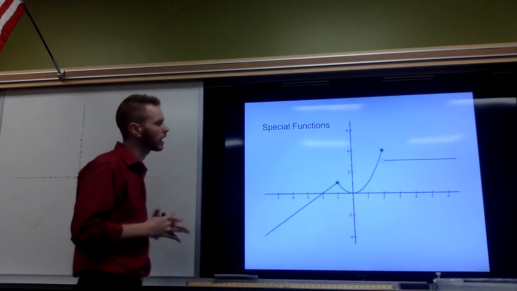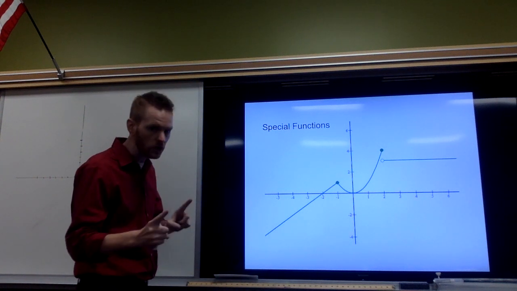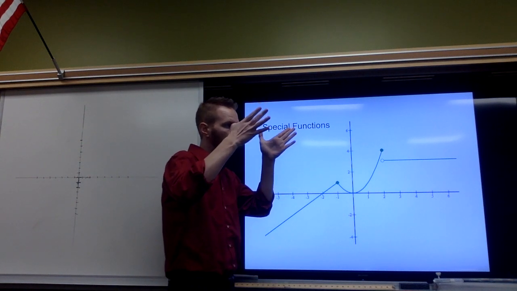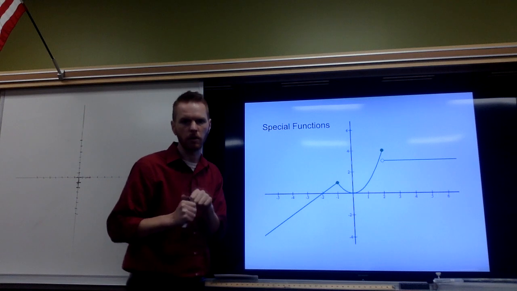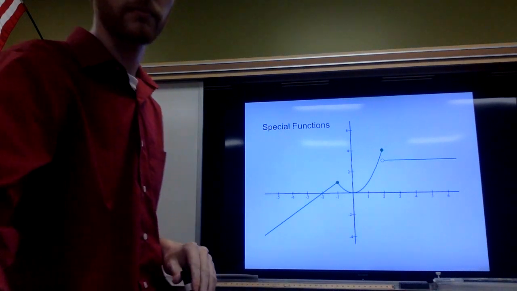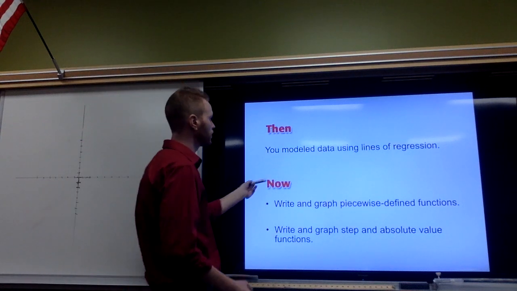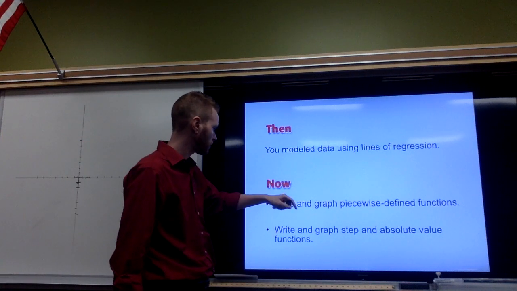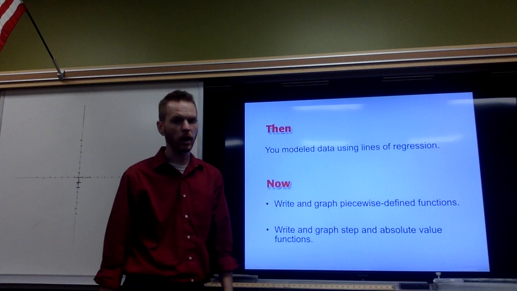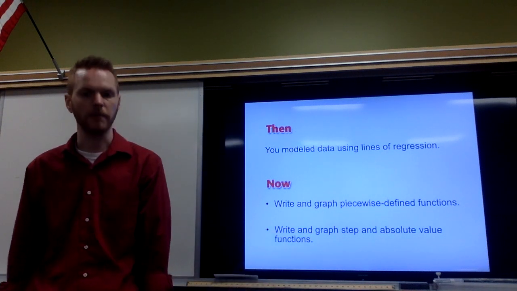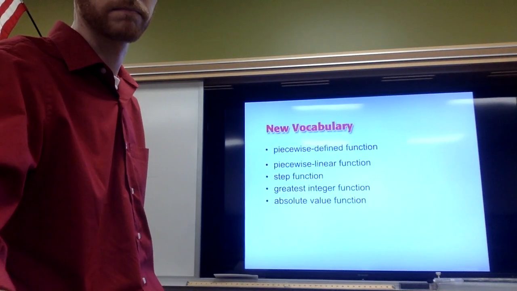We're trying to figure out what equations can give me this, and then how are we going to partition those in a way, okay? So that's what we're going to do. So in the previous lesson, we modeled data using lines of regression. Now today we're going to write and graph piecewise defined functions, and then we're going to write and graph step and absolute value functions, okay?